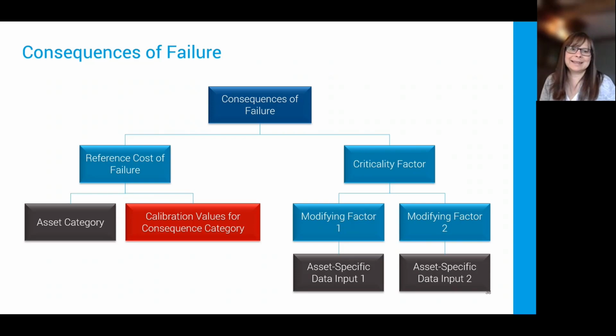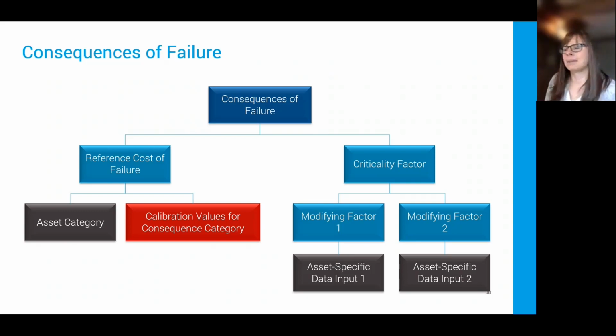It's the average sort of safety implications based on your safety records or environment. So we start with an average, and then we have a criticality factor, and we multiply the two together. So it's the reference times the criticality factor, and the criticality is specific to every asset.